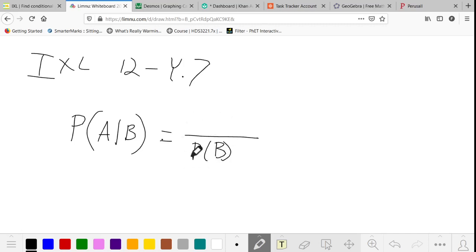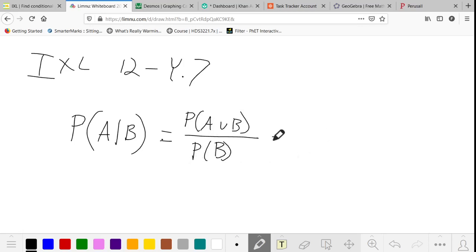So when we're doing our relationship, it's just B in our denominator instead of everything. And the numerator is A and B. So it's the intersection of the two. So what's the probability that we have both A and B given B?